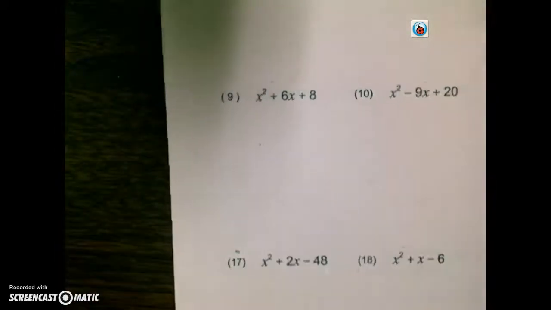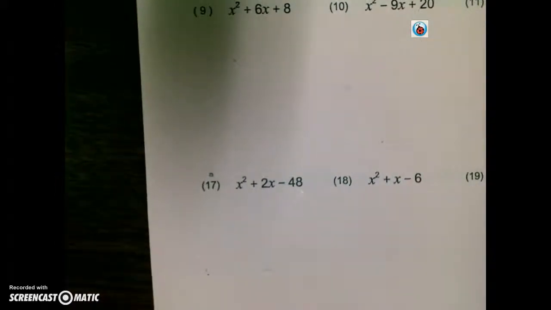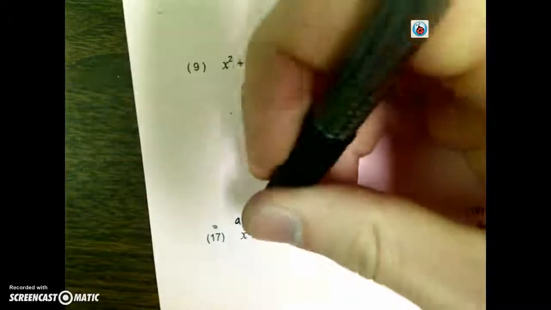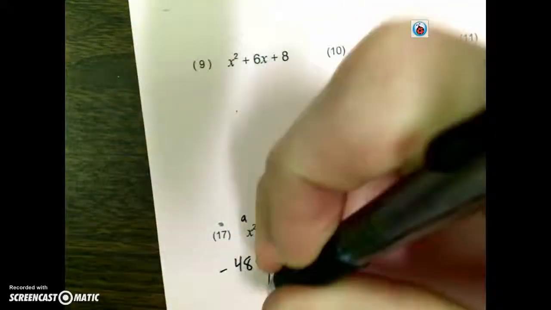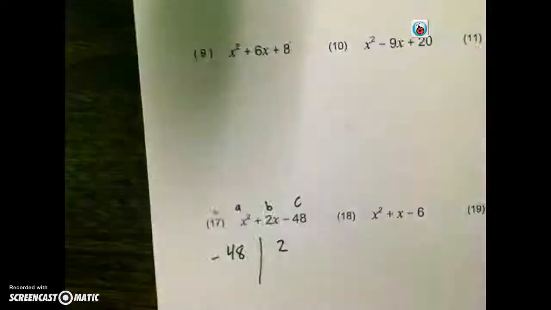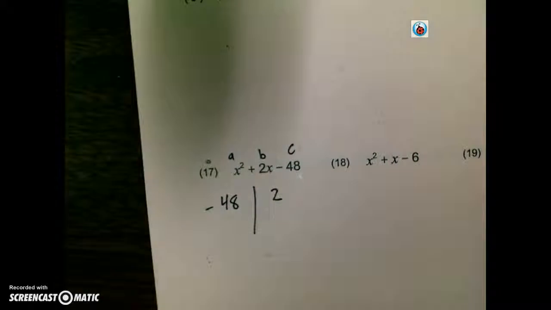All right, so then looking at one here on 17, we're still doing the same process, factors of C that add to give me B. So I need numbers that multiply together to give me negative 48, that add to give me a 2.